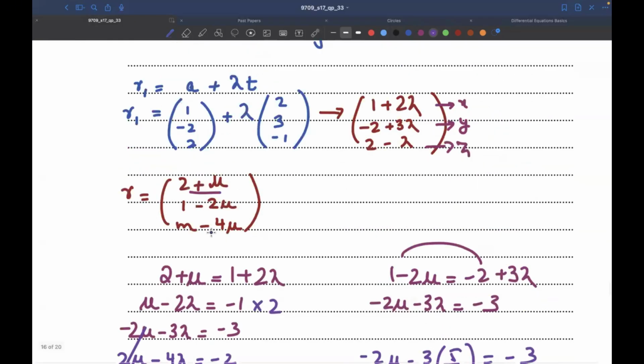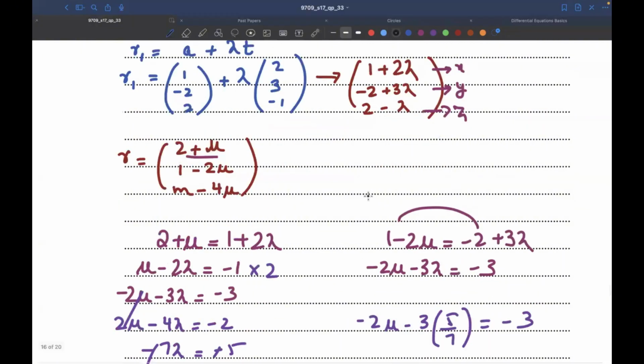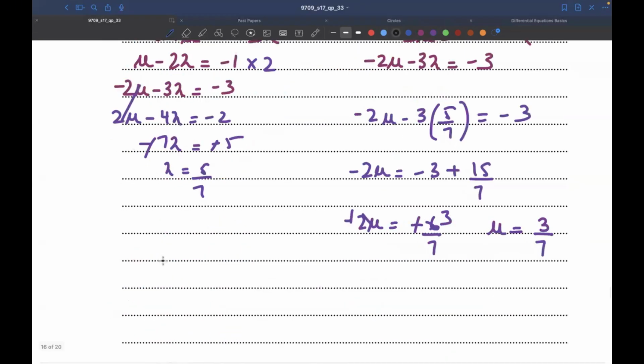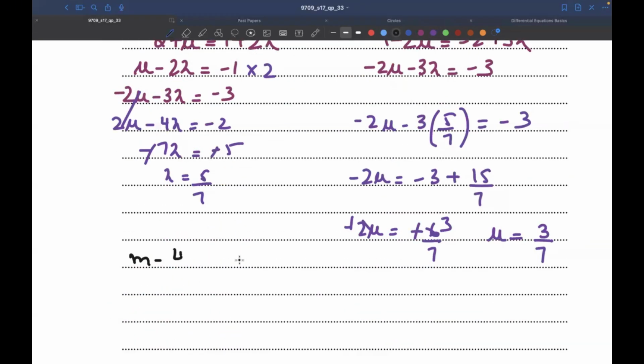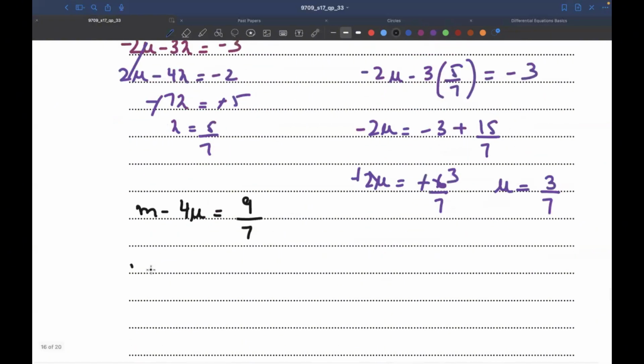Now, as they're intersecting, the z value should also be the same. So first we'll write 2 minus lambda. That will become 2 minus 5 upon 7, so that will be 14 minus 5, that is 9 upon 7. So it means m minus 4 mu should also be 9 upon 7. We have the value of mu, which is 3 upon 7.